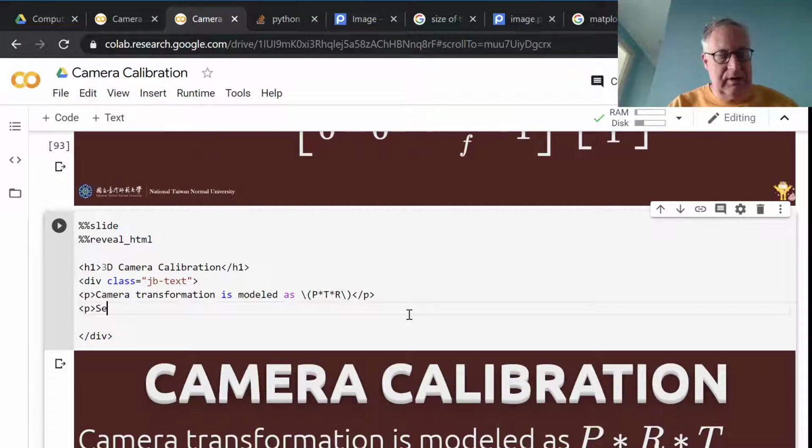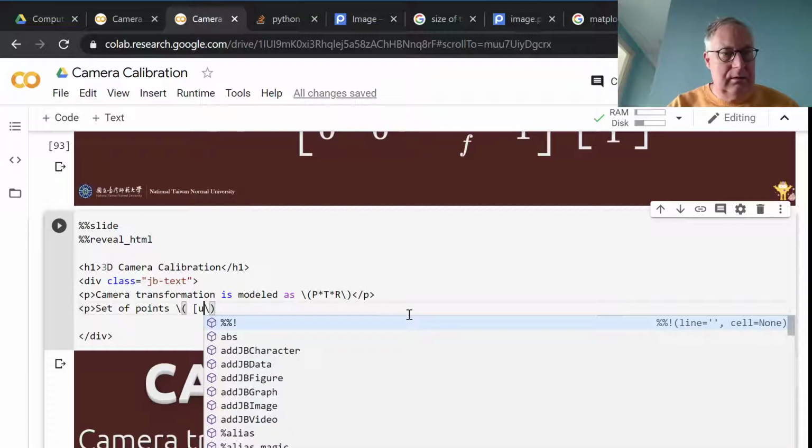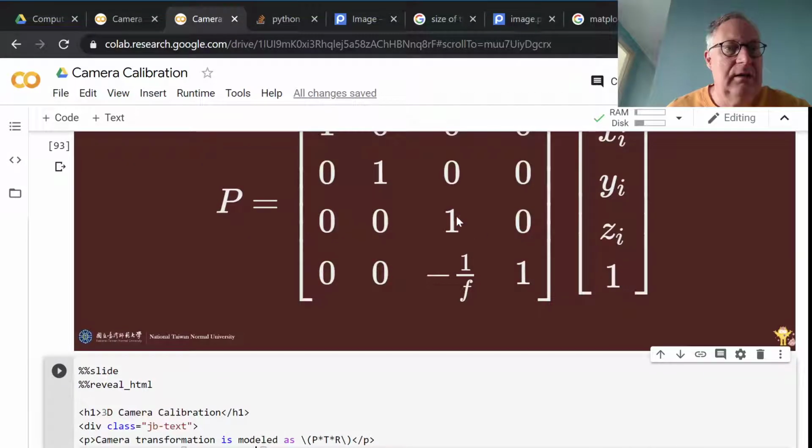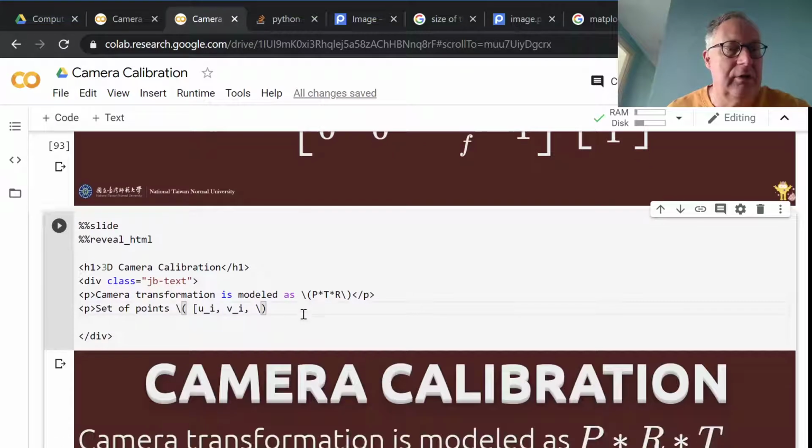So now I have a set of points that are of the form ui, vi, which are the x and the y coordinates in the image plane. Z coordinate here cannot help, right? Because zp, the z coordinate on the image plane, is always 0.